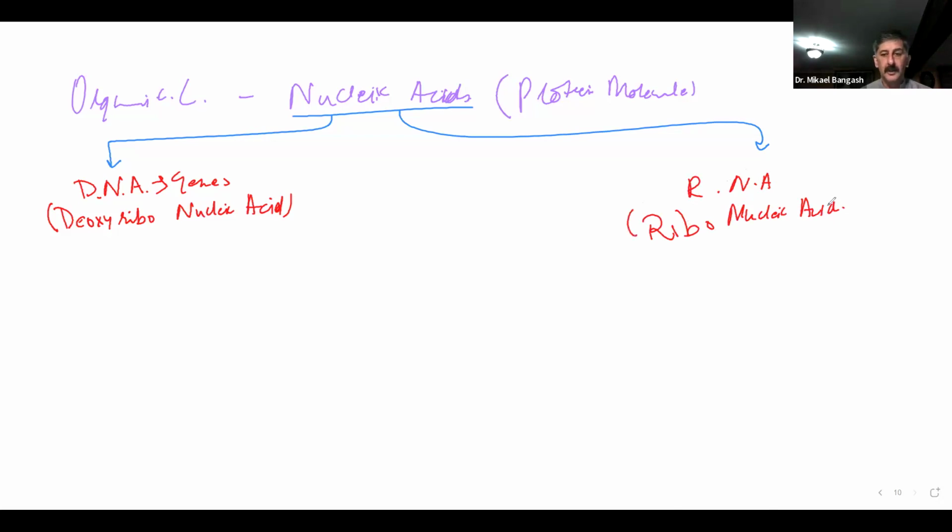So these are the two major groups of nucleic acids: deoxyribonucleic acids and ribonucleic acids.